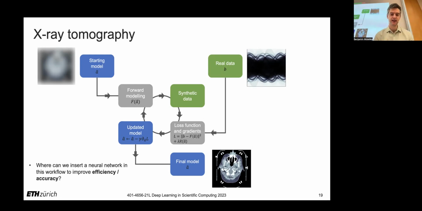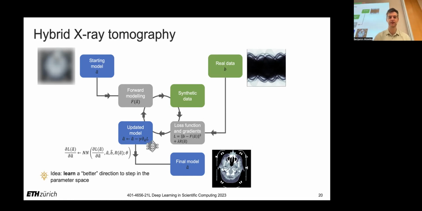Okay. So I'm going to show you one that maybe you didn't think of, which is to think about this gradient descent step. When we do gradient descent, we evaluate the gradient of the loss and take a step in that direction.